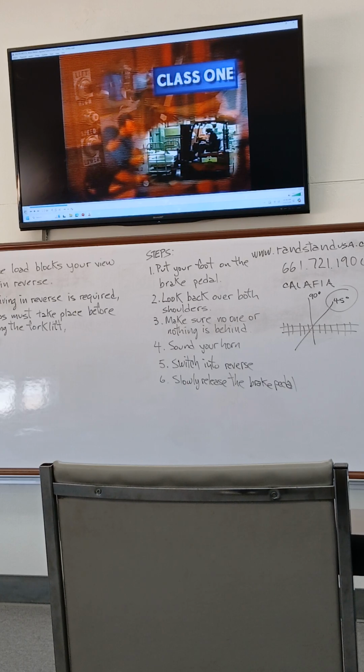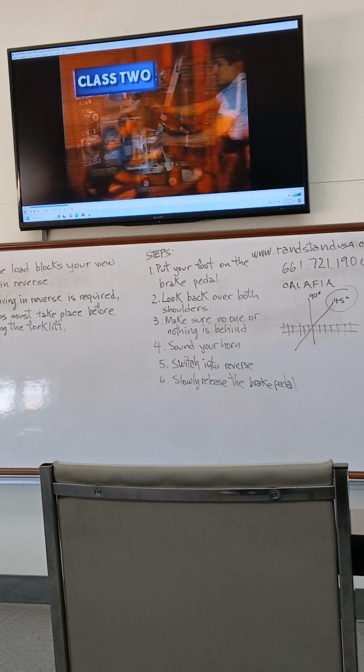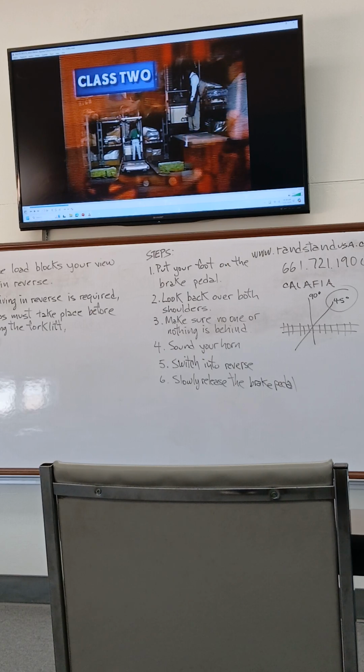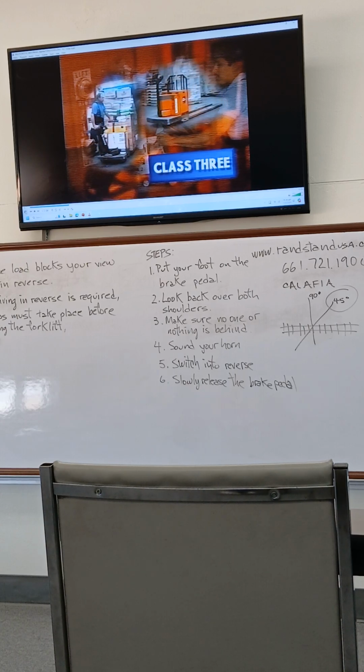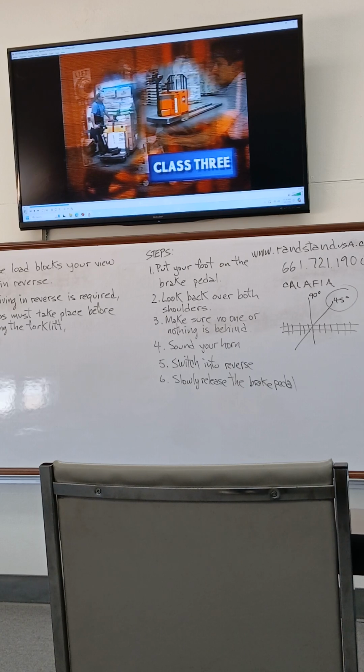These are electric motor, sit-down rider, counterbalance trucks, and they use either pneumatic or solid tires. Class 2. Electric motor narrow aisle trucks that use only solid tires. Class 3. Electric motor hand or hand rider trucks that use solid tires. These are commonly referred to as electric pallet jacks.